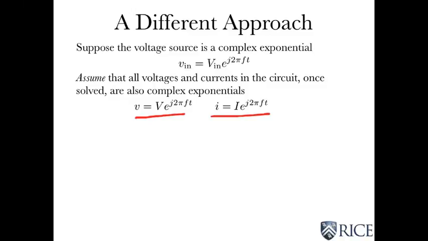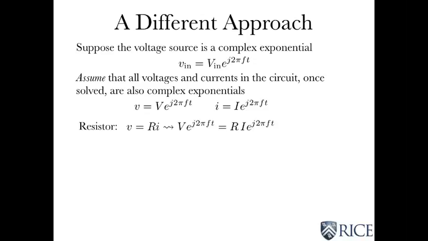So what I want to do now is check to see if such a solution is consistent with the VI relations and with KVL and KCL. So let's do the VI relation. Let's start with our resistor, where the VI relation is voltage is equal to the resistance times the current. And I'm just going to plug in the voltage and the current in here.